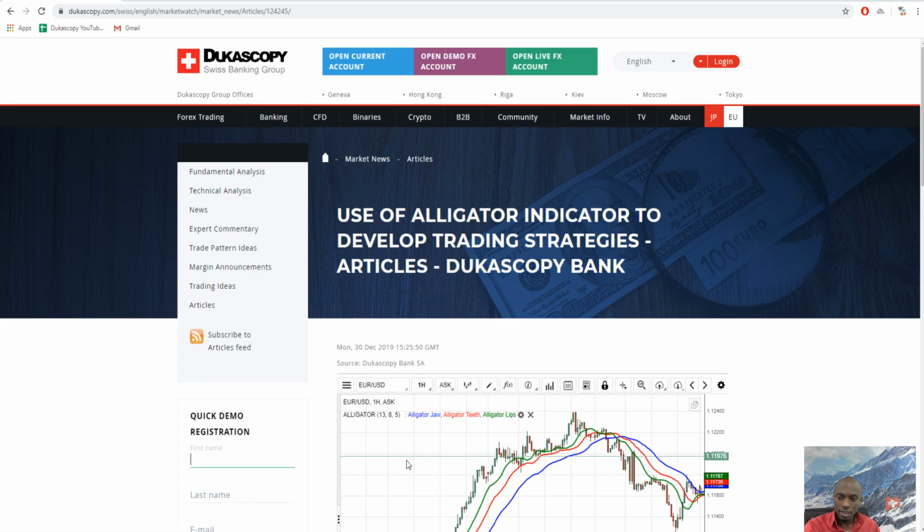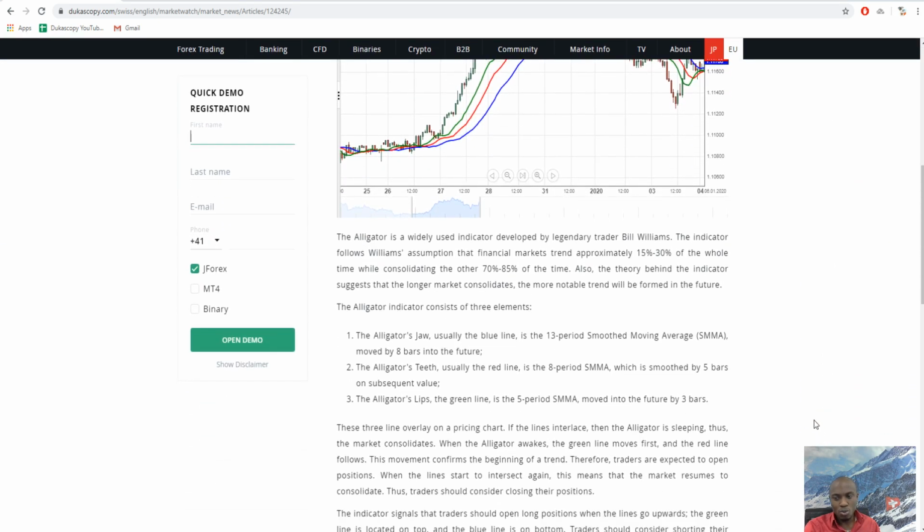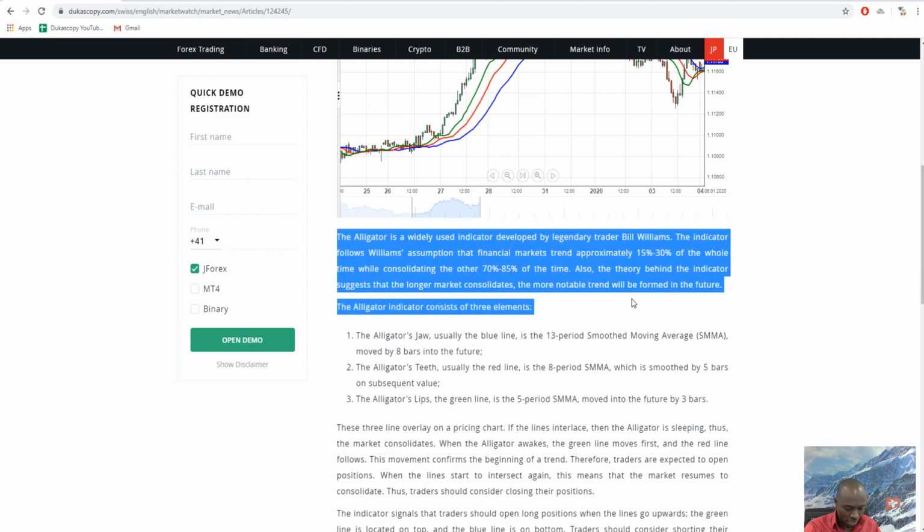That being said, what is called alligators? Alligator is widely used. I will follow the article right now and then explain in my own terms. Alligator is a widely used indicator developed by legendary trader B. Williams.